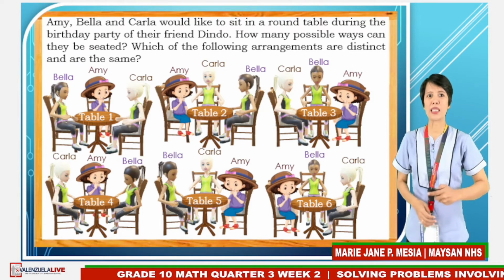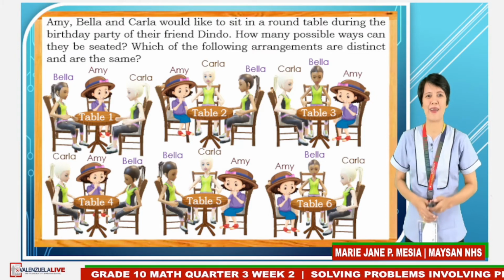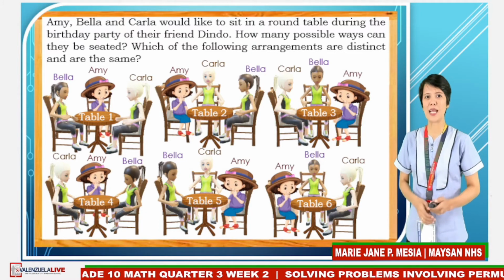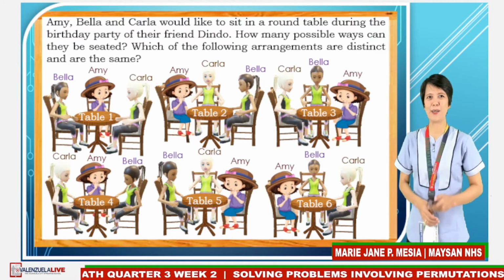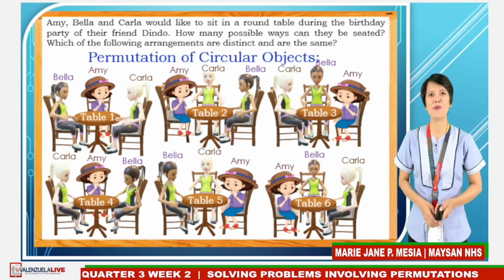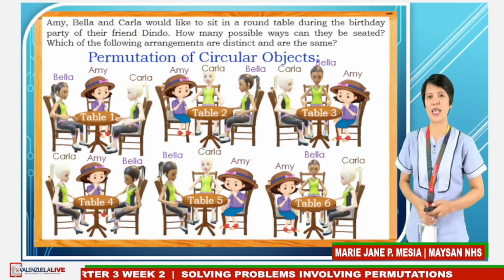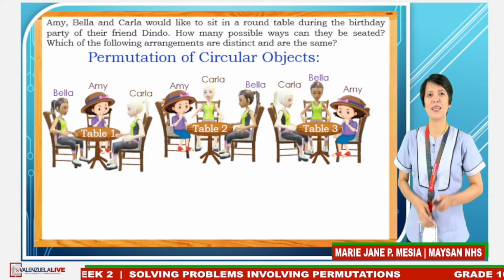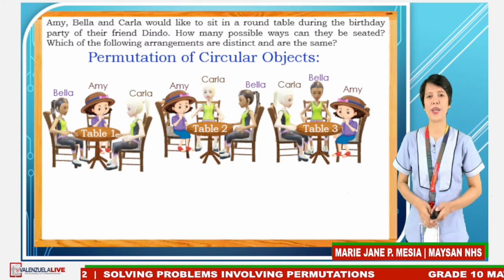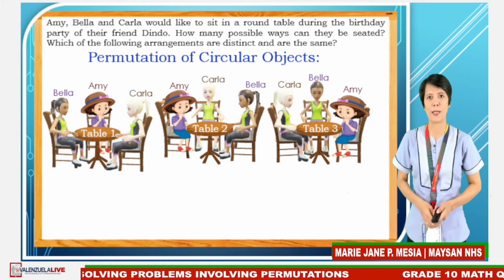Notice when you rotate the girls in clockwise direction, there are arrangements which coincide with the other. So this kind of arrangement is called permutation of circular objects. In the given problem, observe that table 1, table 2, and table 3 represent the same arrangement.